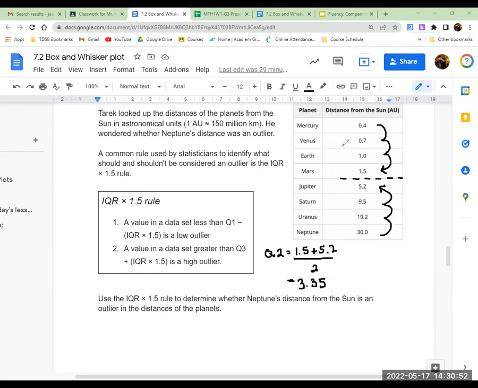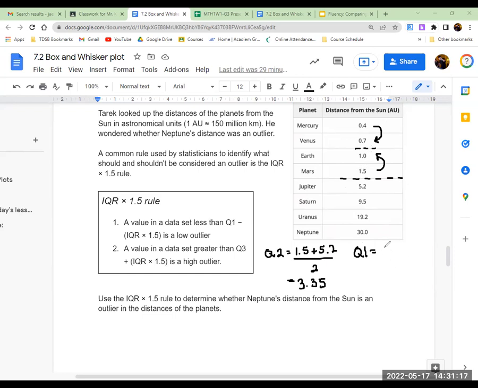All right. From there, consider that dotted line. I have already divided the data into the first half and the second half. What is Q1? I am looking for the average between 0.7 and 1.0.